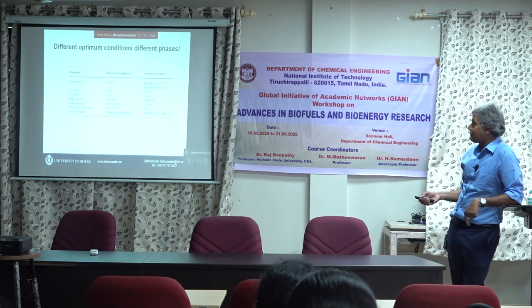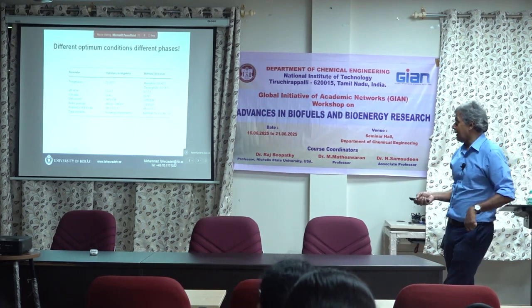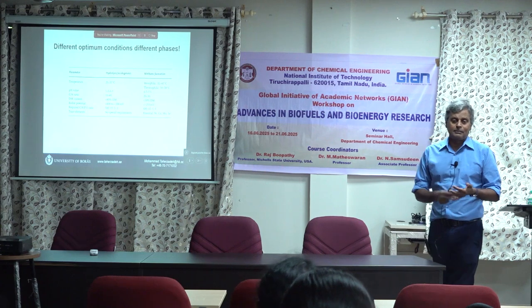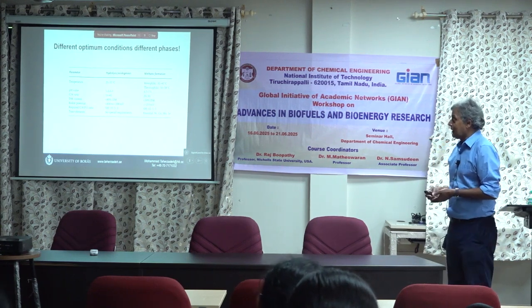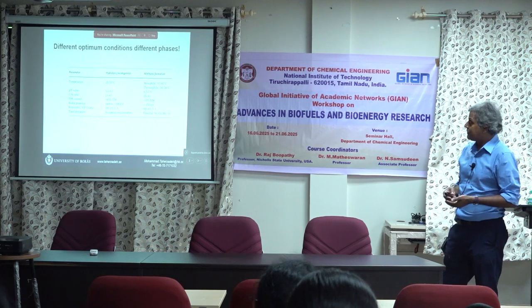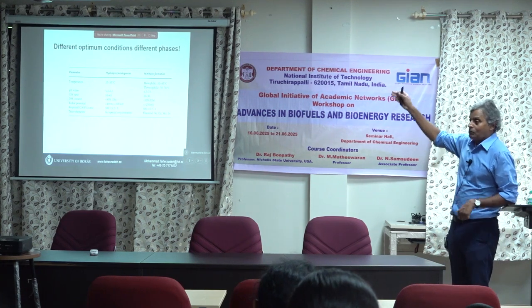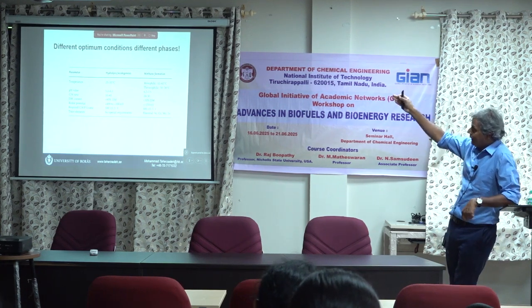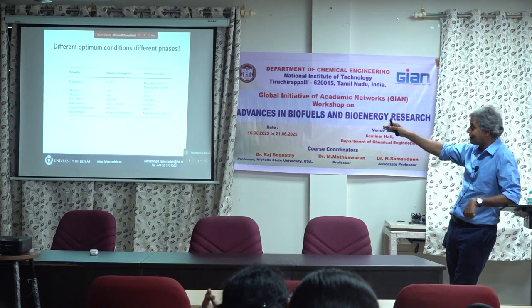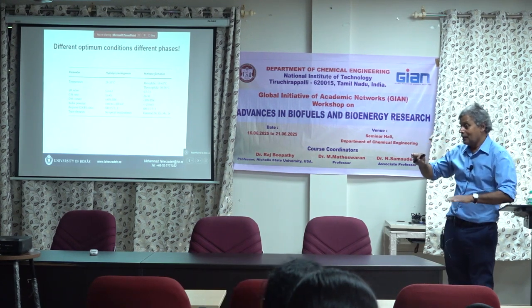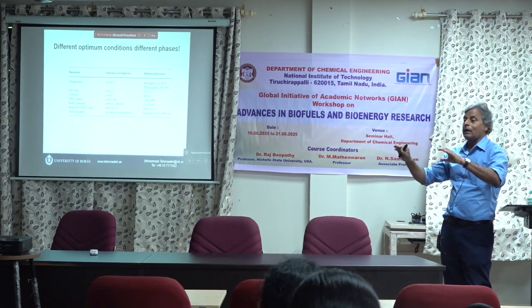So let's look at process parameters. Same thing we talked about: temperature, pH, alkalinity, trace elements, redox potential, carbon-nitrogen ratio, and what is preferred in the hydrolysis process and what is preferred in the methanogenic process is listed. So it's a totally different requirement.